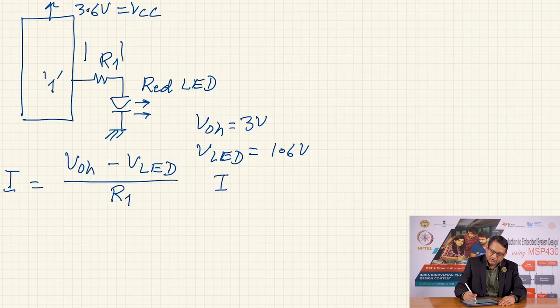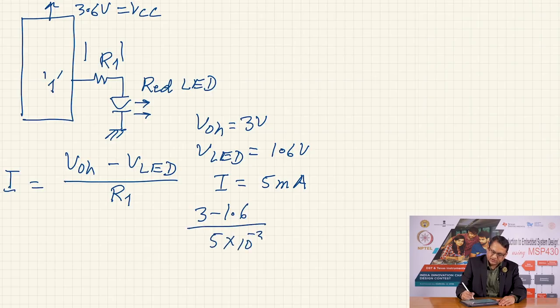let us say we want the current to be equal to 5 milliampere, and therefore this becomes (3 - 1.6) / (5 × 10^-3 amperes). This is 1.4 divided by 5 kilo ohm.